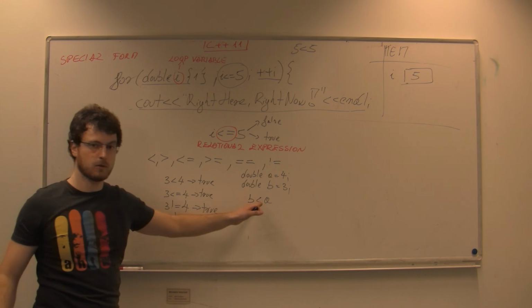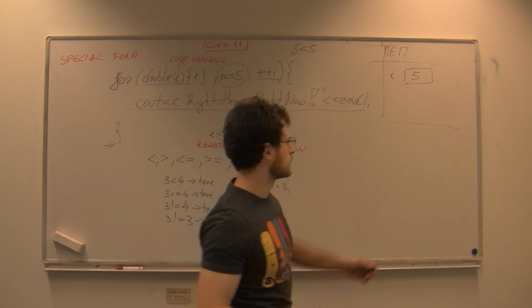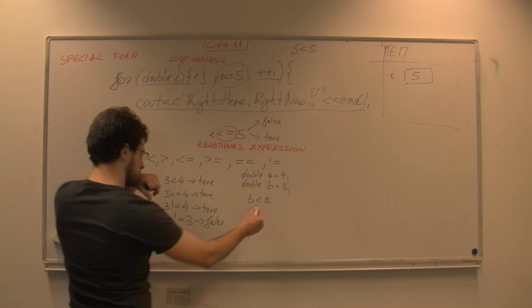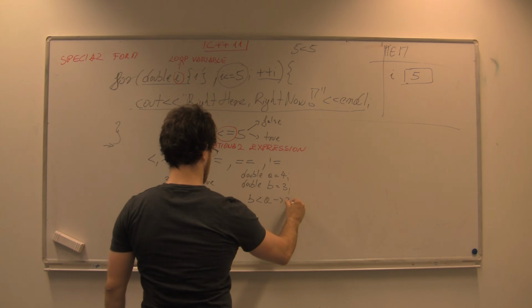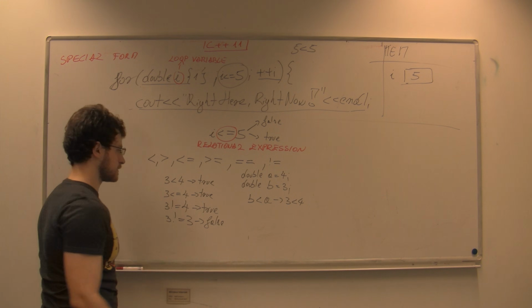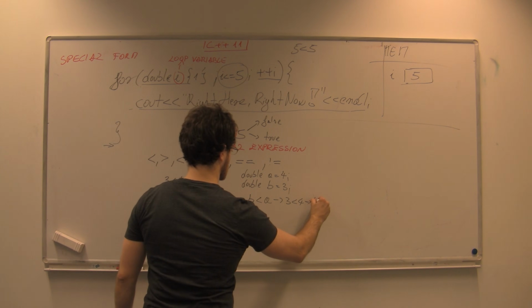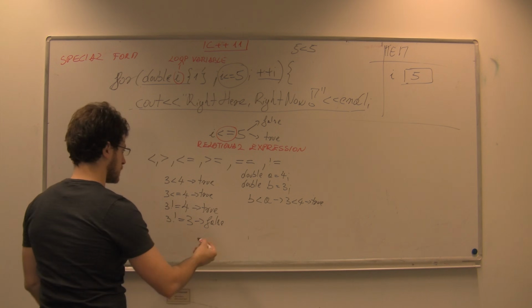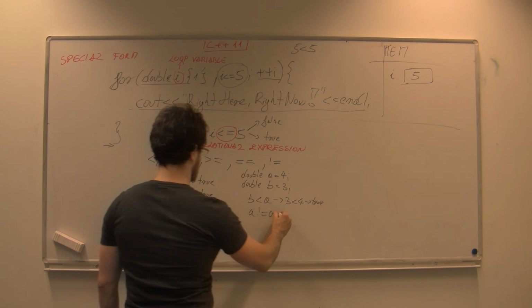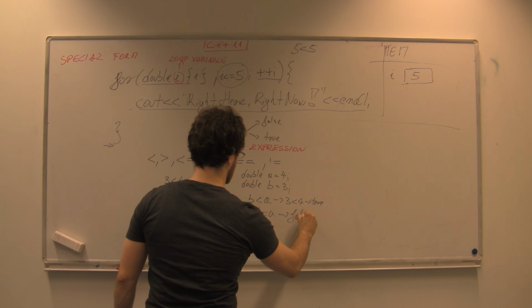And in this case, the variables will just evaluate to the values stored in the boxes associated to them. So this will transform into 3 less than 4, and we know this is true. And it's the same for all other cases. Like, for example, is a different than a? It's not. It's false.